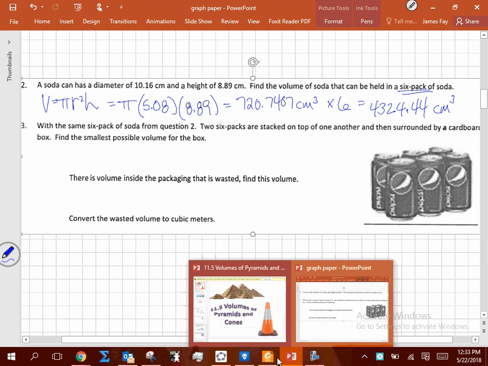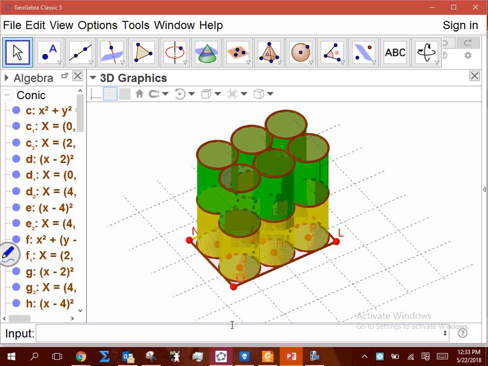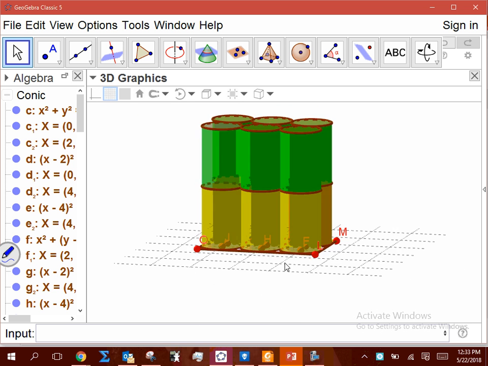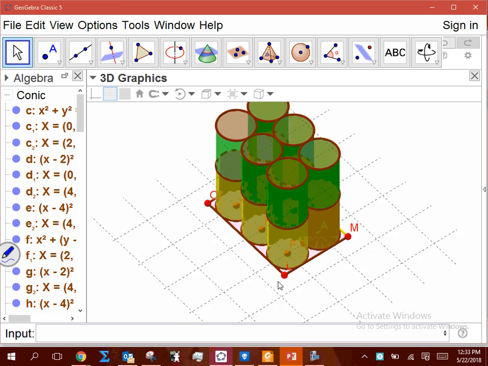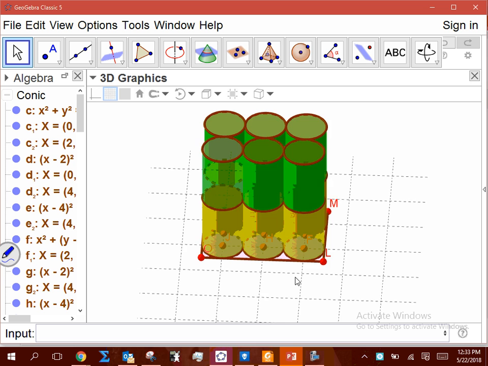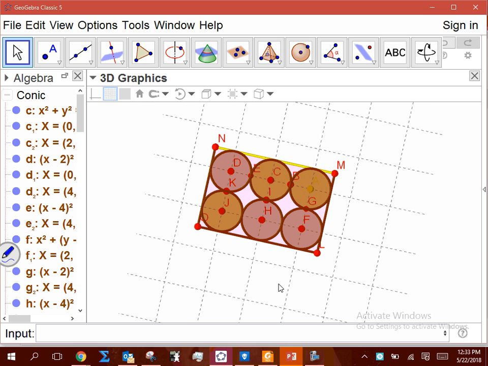So the idea here is that our box is going to be tangent to all of these cans. The yellow cans are 1 6-pack, the green ones are the second 6-pack, right? If I look straight down, you're starting to see maybe the length and width of our box, right?